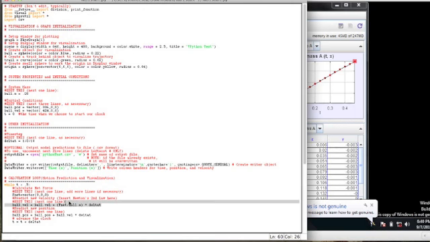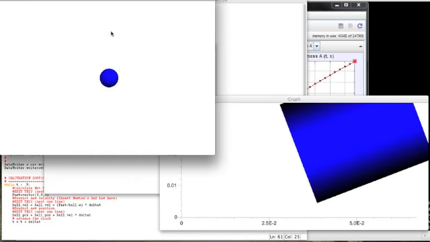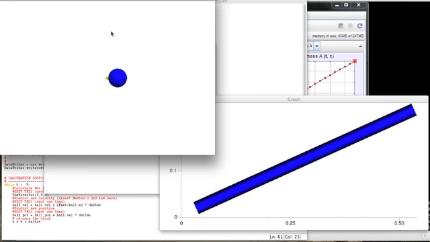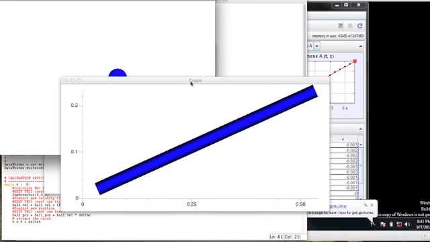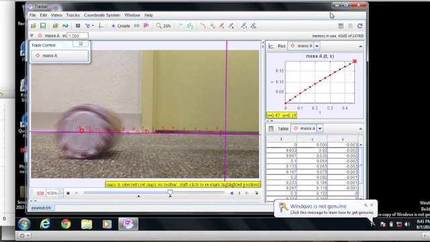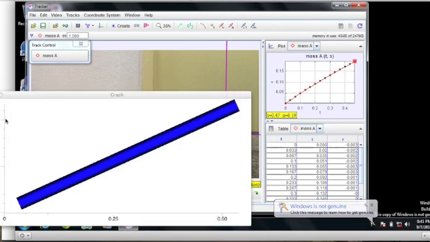Then I had to put in Newton's second law equation that the final velocity is equal to the initial velocity plus the F net over the mass times delta t. As you can see, this graph looks very similar to the graph I have on Tracker already.